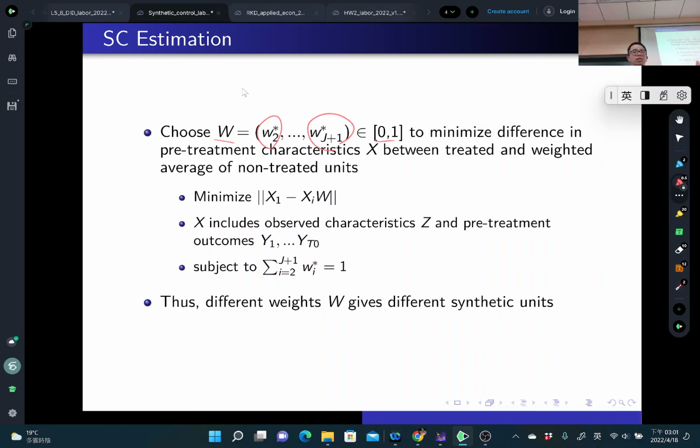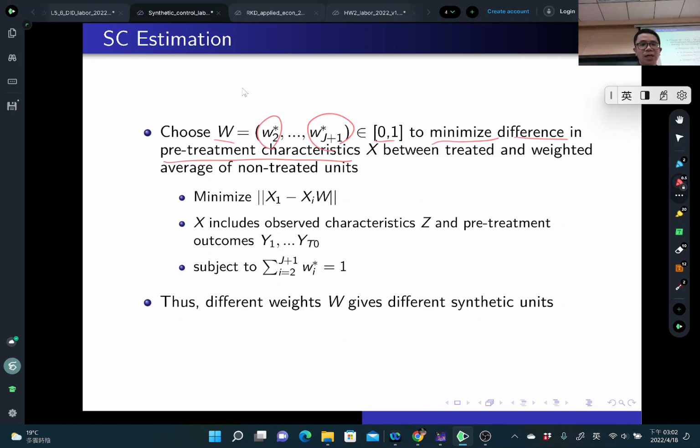And some states receive very high weight because they are similar to California. So each state will be allocated some weight. And to choose the weight, we try to minimize the difference in the pretreatment characteristics X between the treated unit and non-treated units.